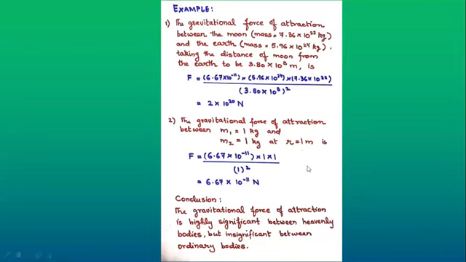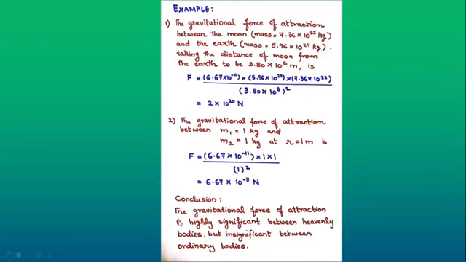Then what will be the magnitude of the force? Substituting the values of G, m1, m2 and r, we get F is equal to 6.67 into 10 power minus 11 newton. So in comparison to 10 power 20, 10 power minus 11 is a very, very small value.